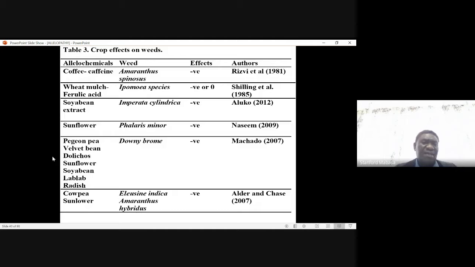So sunflower, here it was noted here and also there. Probably sunflower could suppress weeds.